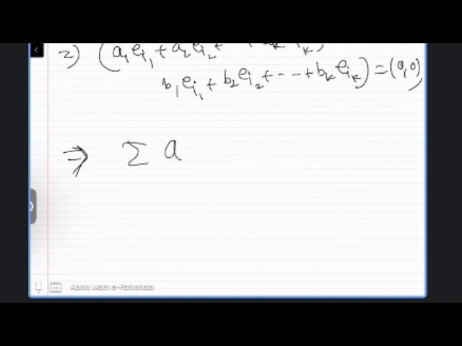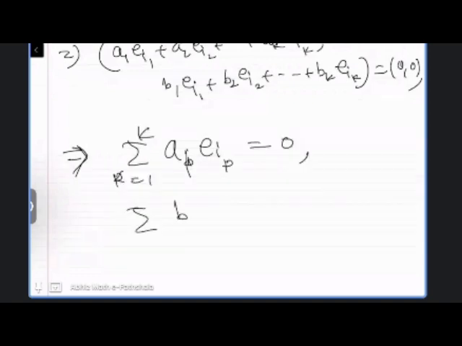So summation a_p e_ip is 0, p runs over 1 to k, and also summation b_p e_ip is also 0, p runs over 1 to k. Okay?